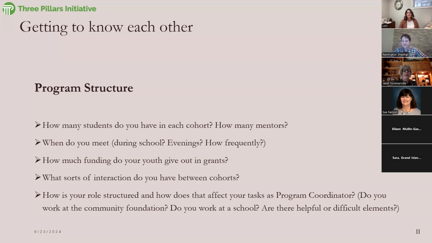Kids Matter hired me, so I am on payroll for them as the program coordinator. I know you were talking about stipends for mentors, and that's a very interesting concept that I wrote down. But right now, our mentors are just volunteering their time, and I'm the only paid person in that realm.